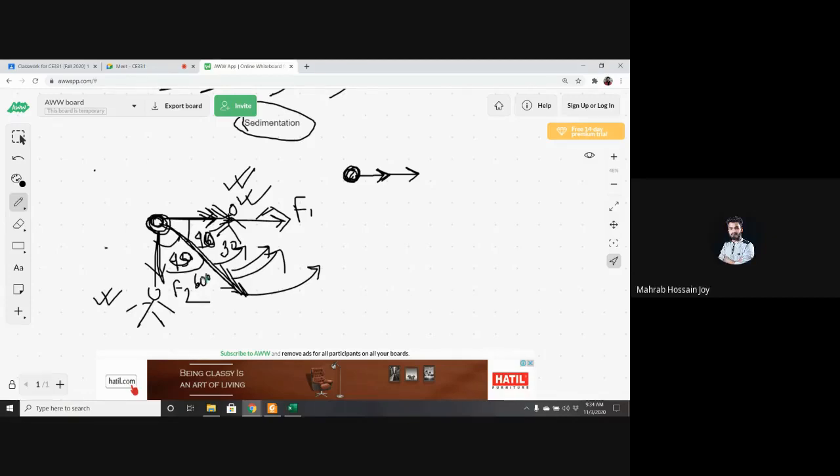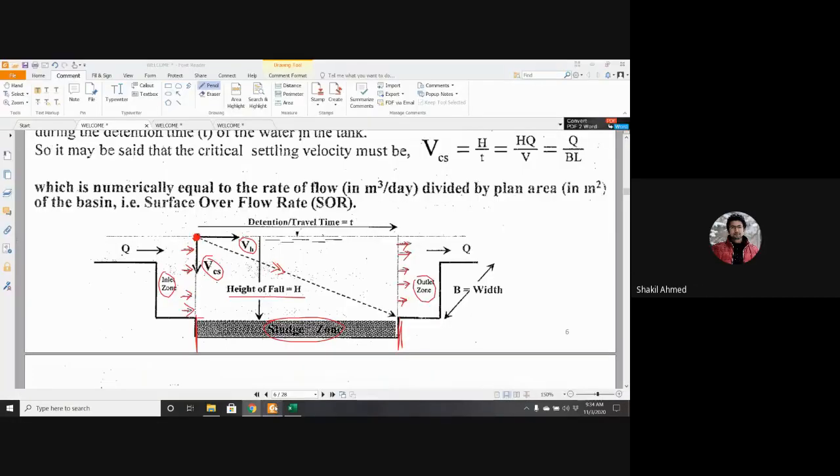Right, sir. So if this Vh is larger, in that case your resultant will move to this. Or I can also say, if your Vcs, the settling velocity, is smaller, it will move towards this.